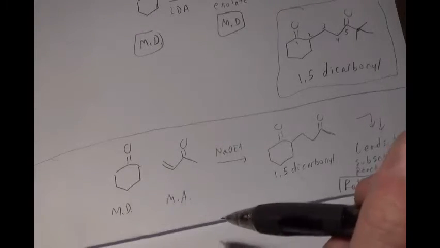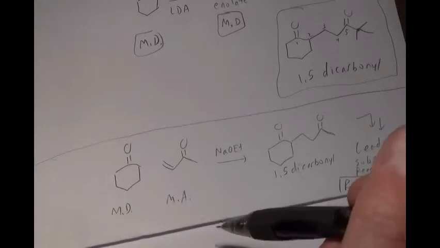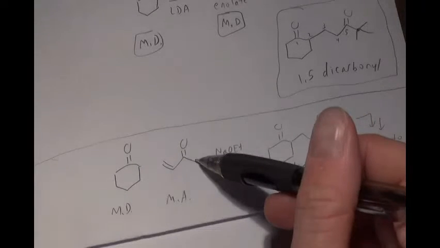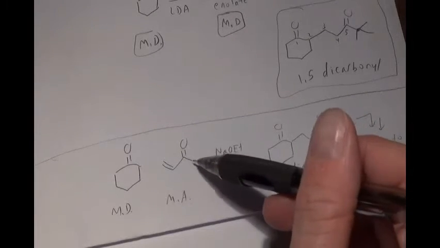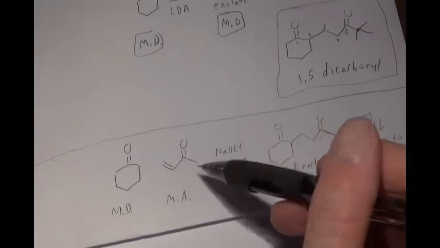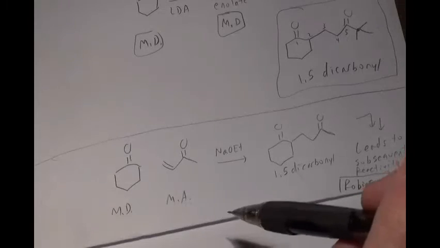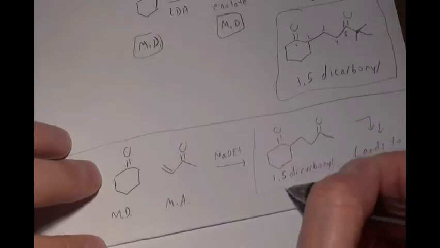I associate aldol with a what? What's the product of an aldol? The product of an aldol is an alpha beta unsaturated ketone, like this. This is an example of an alpha beta unsaturated ketone. So aldols make things that look like this, or more complicated versions of this. Okay, so that's a useful strategy to learn this.